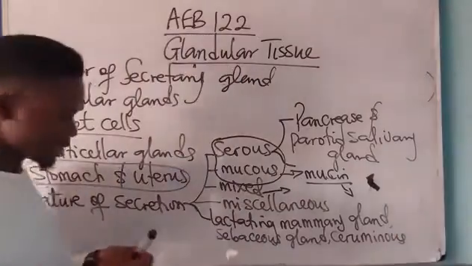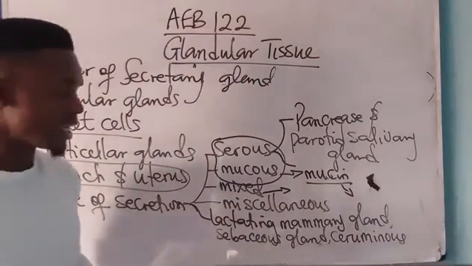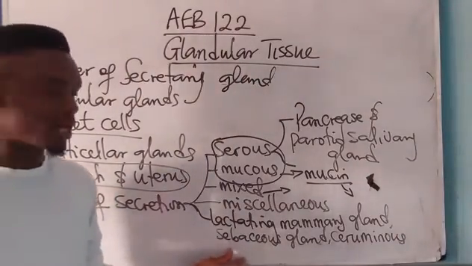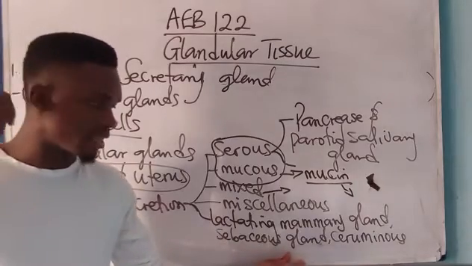This ceruminous gland is found in the outer part of the ear.